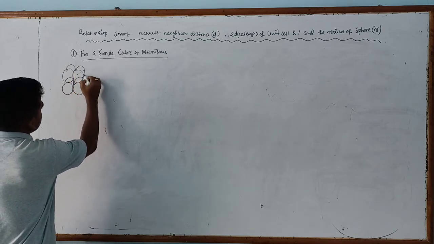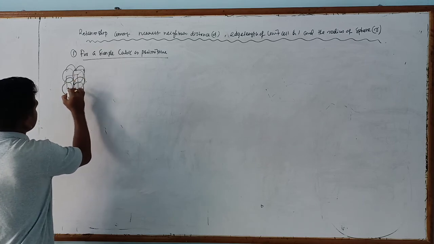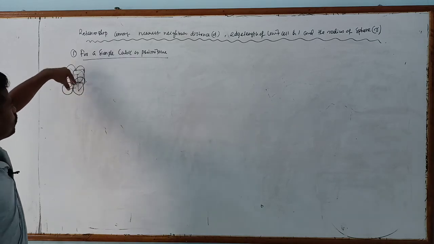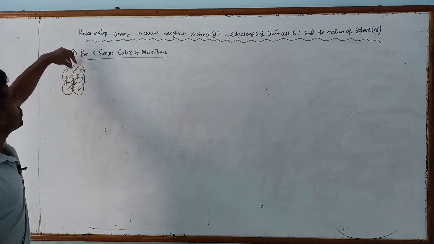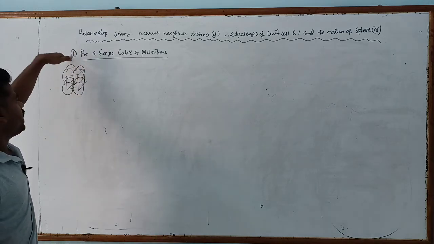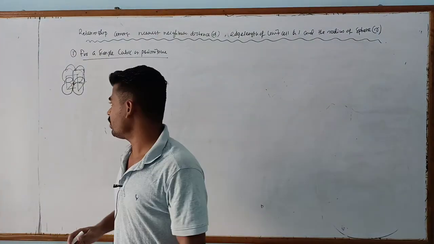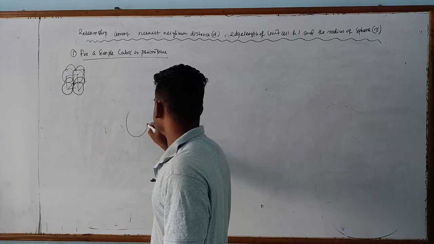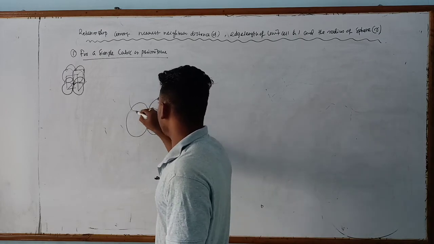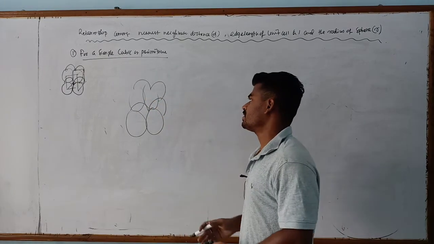This is just a simple or primitive cube. All 4 spheres in the below layer are in touch with the 4 spheres in the above layer, and each sphere is touching the others.